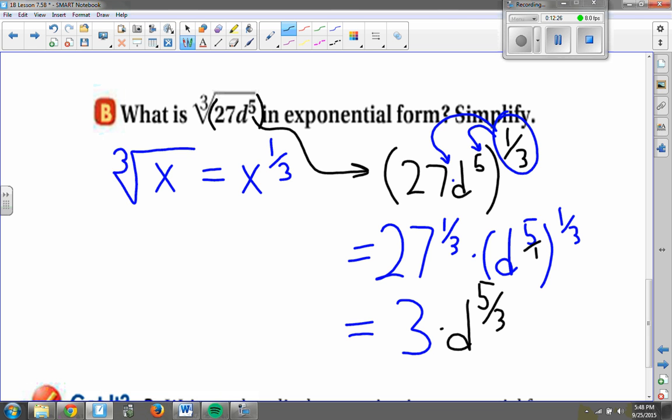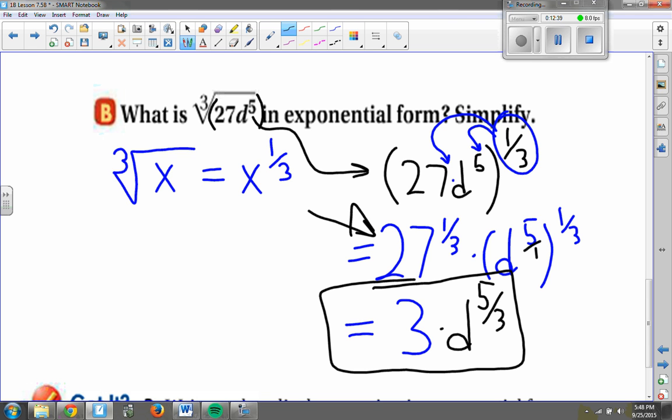Okay, so that is our final simplified finished answer. All right? And the simplified piece here that they gave us in our directions was just talking about the 27 to the 1/3, all of that junk, that we turned into a 3. That's what they mean by simplify. Okay? So your final answer there should be 3d to the 5/3 power, 5/3 power.